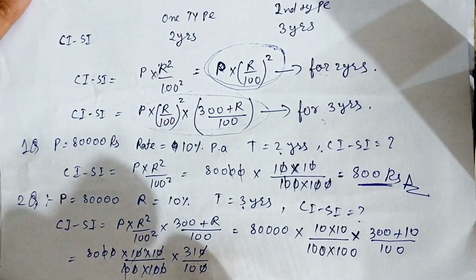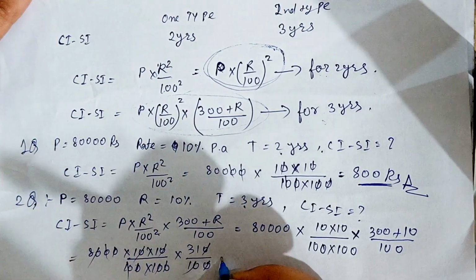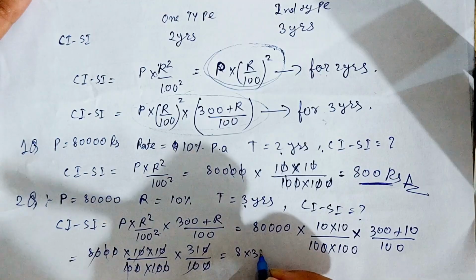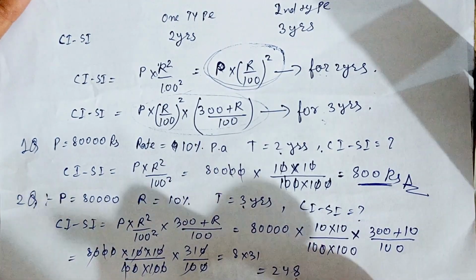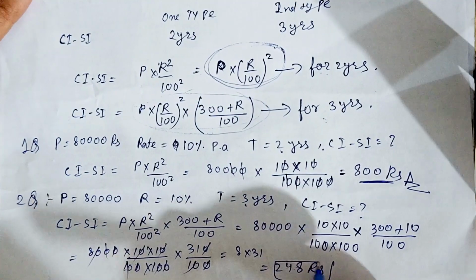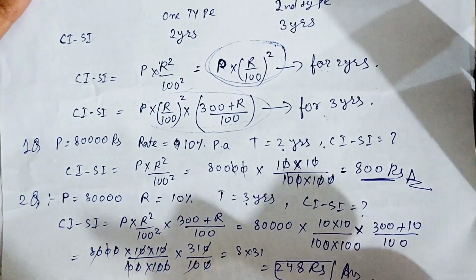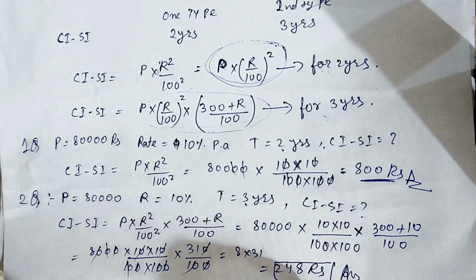Then what do we get? 8 into 31. The value of 8 into 31 is 248 rupees. So friends, the answer of the next question is also calculated: 248 rupees.